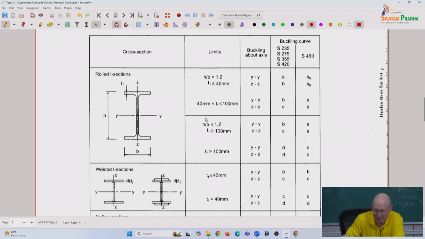It's a little bit different slicing and dicing than the SSRC table, but with some similarities. A major argument you can always make is that we really should be using a different column strength curve for weak axis bending versus strong axis bending, and that always falls on deaf ears in American practice.